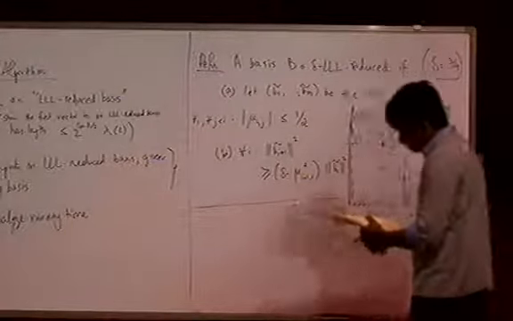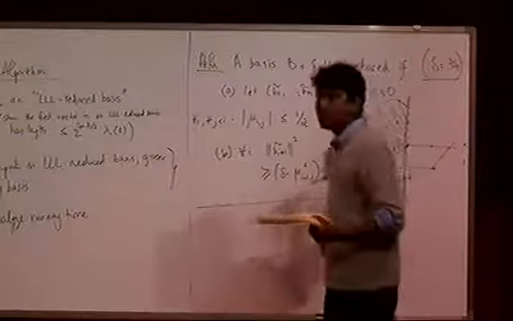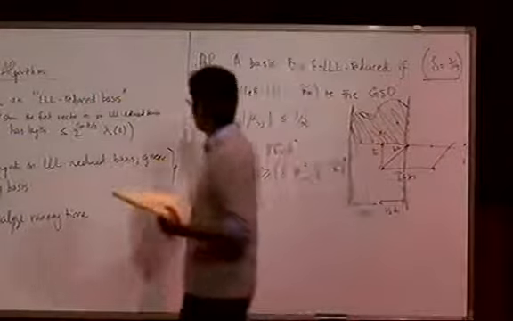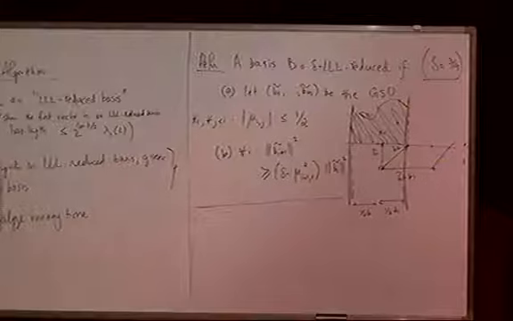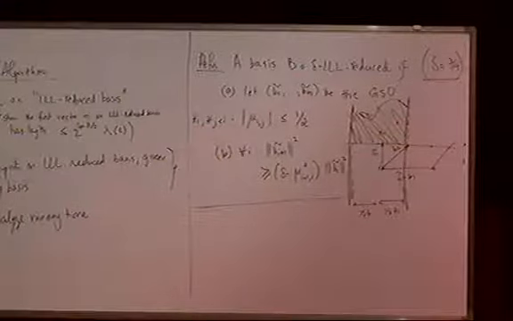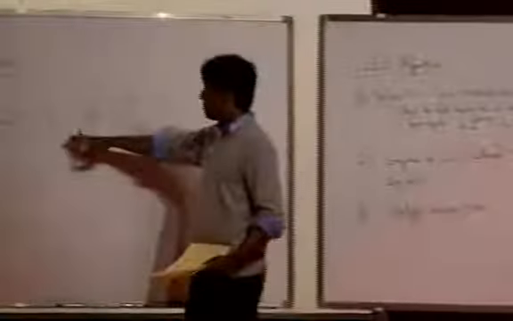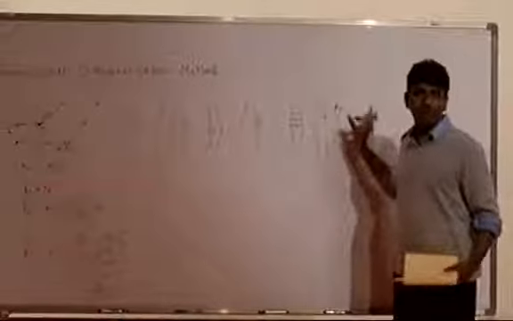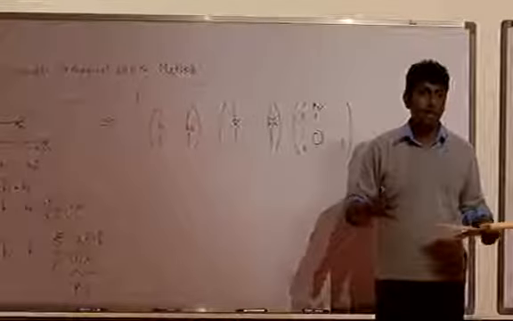Good. Okay, so this is what it means geometrically. What do these two conditions mean algebraically? So we wrote B as B1 tilde up to Bm tilde, linearly shifted by a matrix, right?